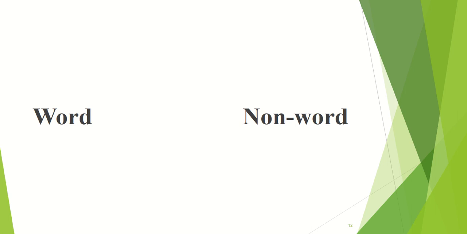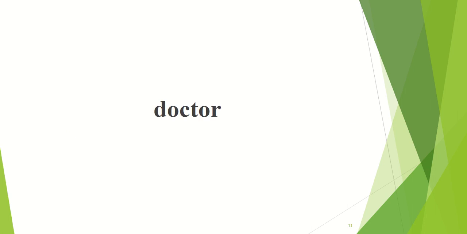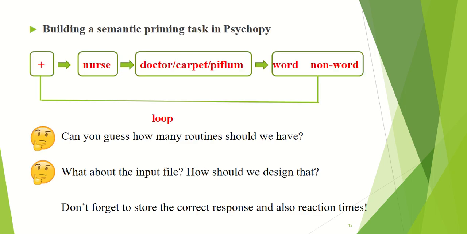You should define some buttons on the keyboard in advance, for example P and Q, or A and L, buttons which are far enough from each other, and then give instructions to participants. As soon as they see the target word, they should press one of the buttons.